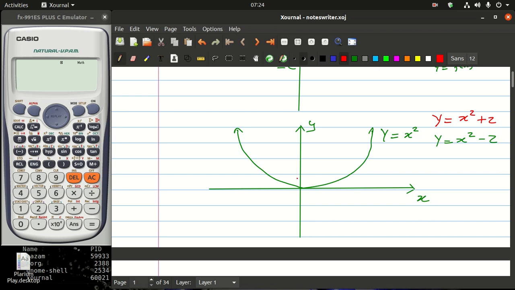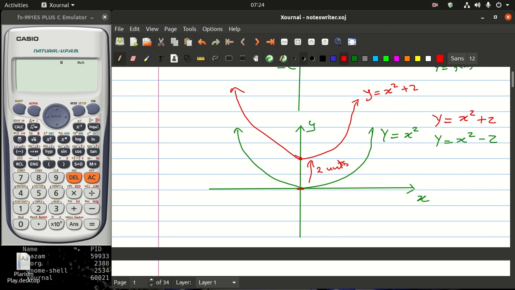So I want to lift it. Here is 0. If you want to shift 0 to 2, you're gonna have to move 1, 2, and all the other points will be pushed up. So this curve will look something like this, and this side will look something like that. This curve is y is equal to x squared plus 2. Again, we're shifting everything up by 2 units.